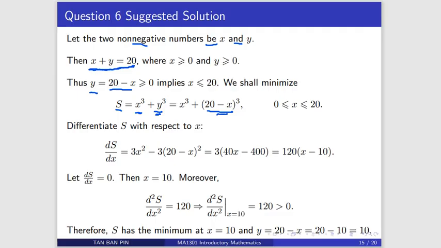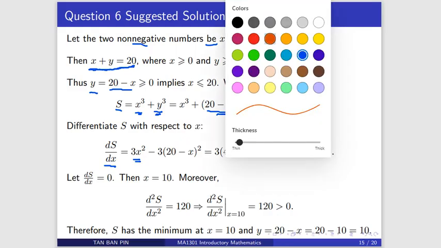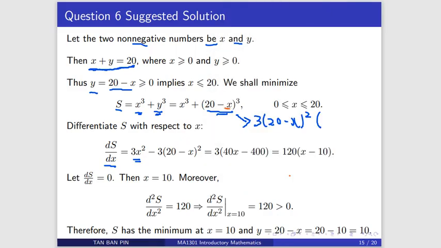After that, you can find dS/dx. Differentiate x cubed gives you 3x squared. Differentiate (20 minus x) cubed will give you 3 times (20 minus x) to the power 2, right? And remember to differentiate the minus x. If you differentiate the minus x, it will give you a minus 1.